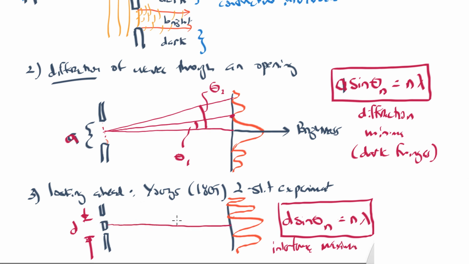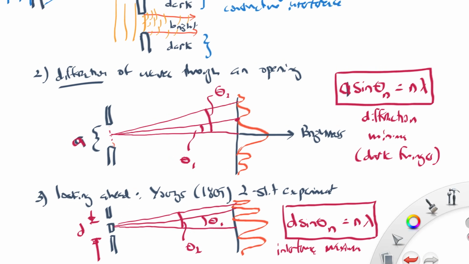So theta 1 in this formula, when you have two slits, would be the location of the first interference maximum. Theta 2 would be the location of the second interference maximum. Okay, so you don't want to confuse the single slit diffraction formula with the double slit interference formula.